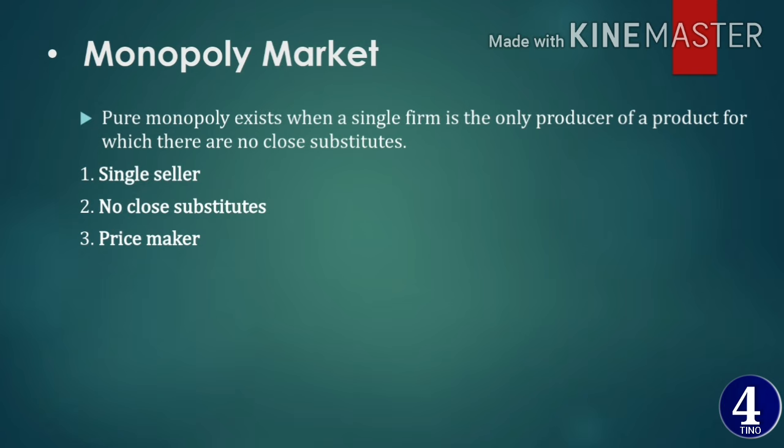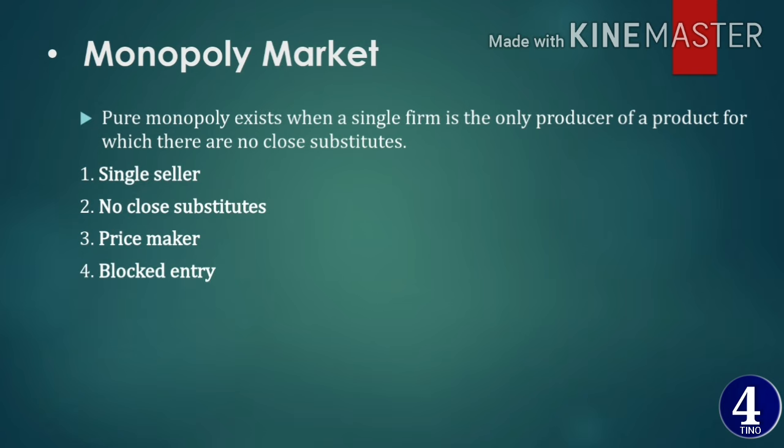But in a perfectly competitive market, an individual seller does not have the power to change the price. Whatever quantity they provide to the market, the price is constant. But in this case, price varies with the quantity supplied by the monopoly. So the most important thing to remember is that the monopoly is a price maker.